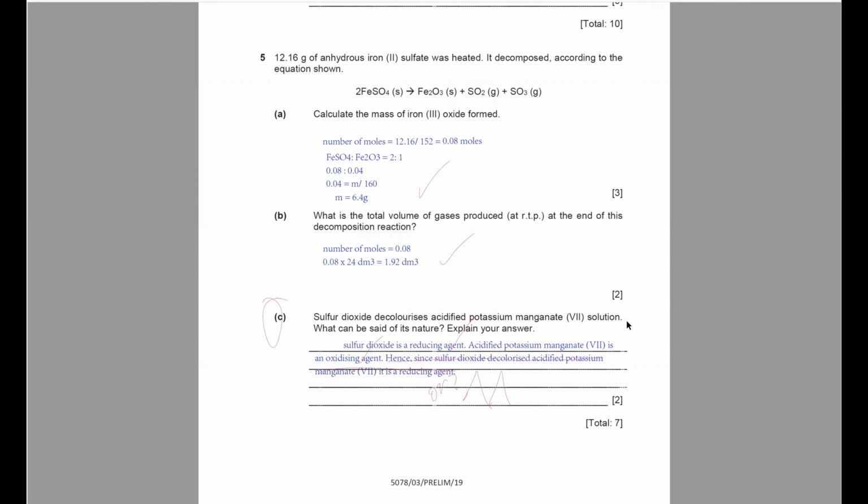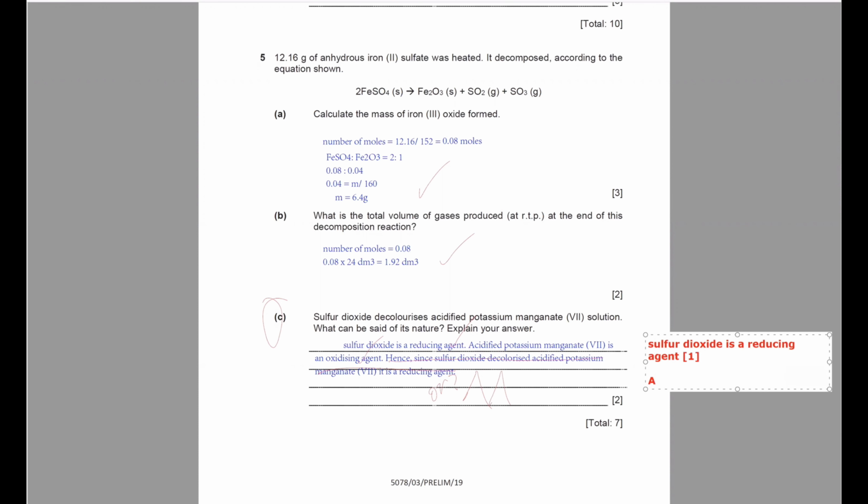So let's look at the mark allocation. They say sulfur dioxide is a reducing agent. This is 1 mark.